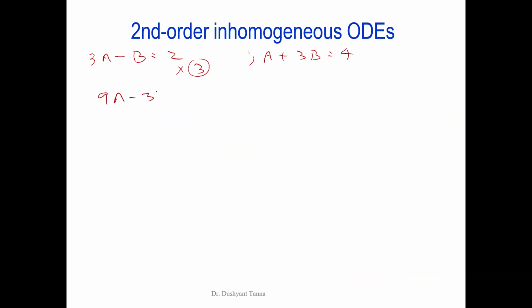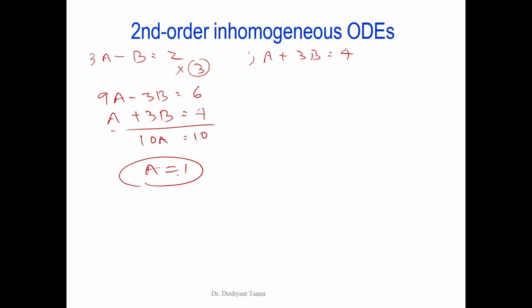So 9a minus 3b is 6, a plus 3b is 4. Add them: 10a is 10. a is 1. Choose any of the equations. I'll choose here: 1 plus 3b is 4. 3b is 3. b is 1. Great. We got a and b.